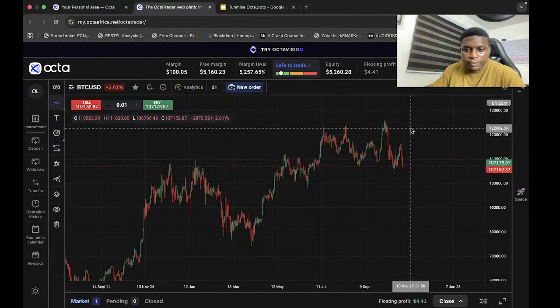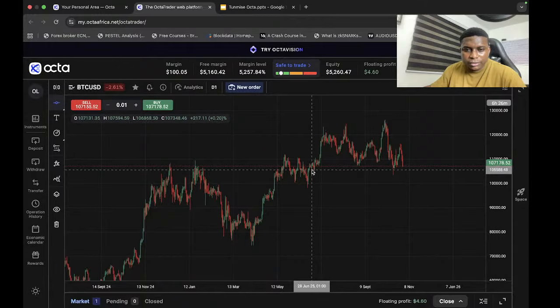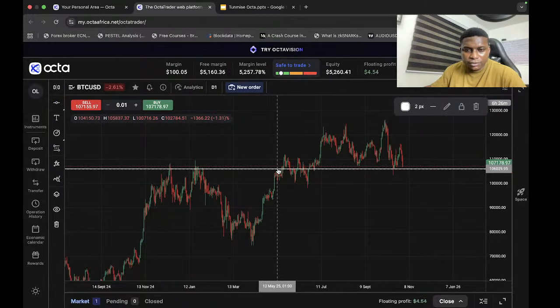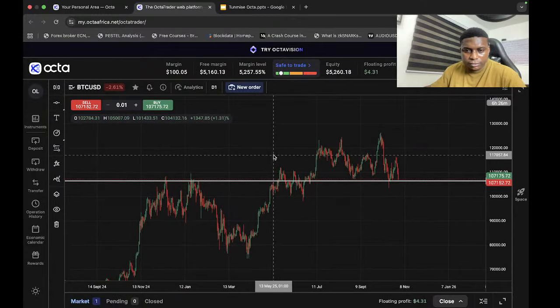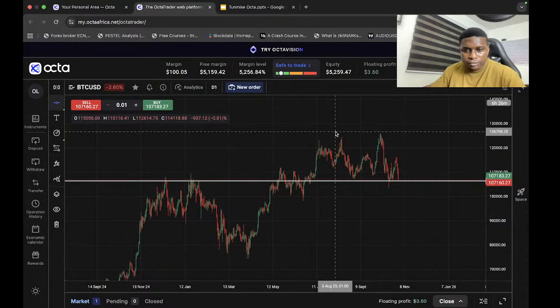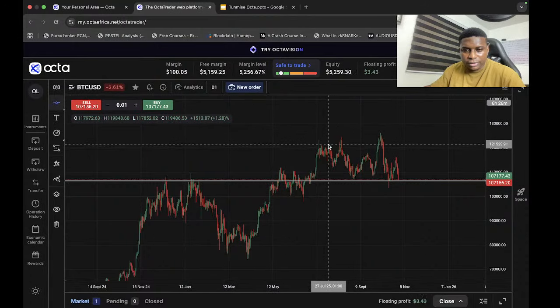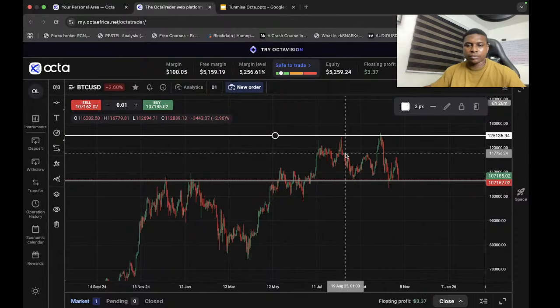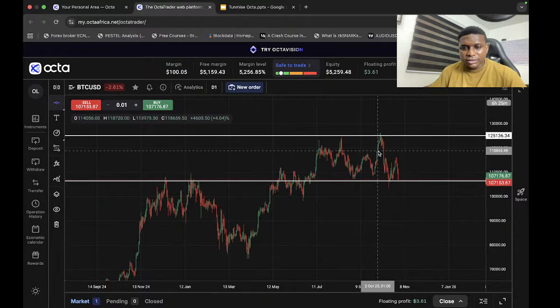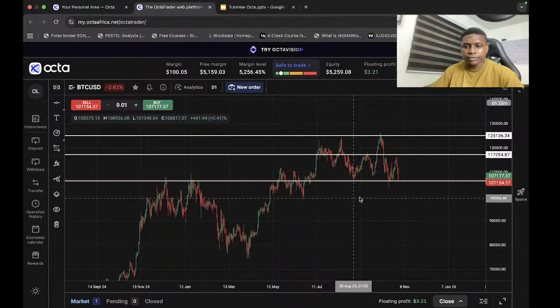Here is the key level. Here is another key level, and we have another key level here.